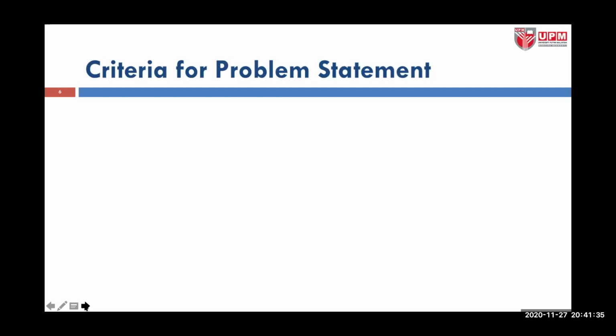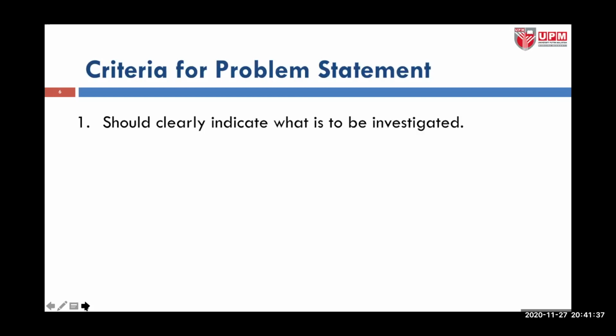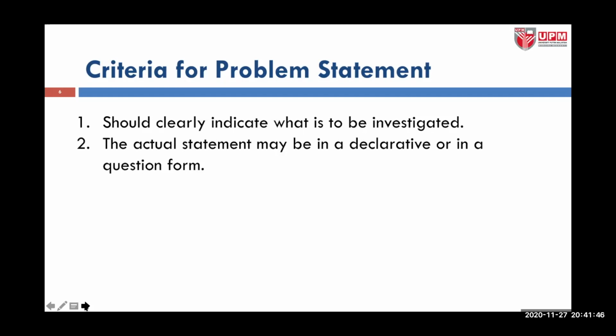What are the criteria? The criteria of a good problem statement: it should clearly indicate what is to be investigated, right? And then the actual statement may be in a declarative or in a question form. So you may throw a question, for example, why is there still an issue of water pollution in Selangor?